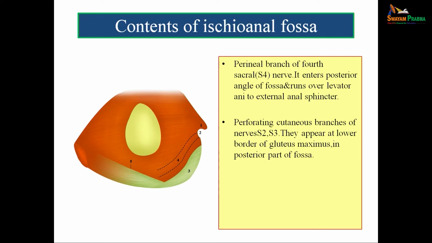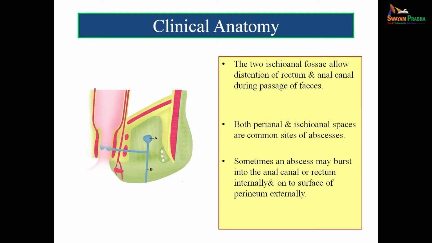Perineal branch of fourth sacral nerve, perforating cutaneous branches of nerves S2, S3, pudendal canal, the fat and the inferior rectal nerve. Now we come to the clinical aspects once again in relation to the ischioanal fossa. As I mentioned before, the two ischioanal fossae allow distension of rectum and anal canal during passage of fecal matter. Both perianal and ischioanal spaces are common sites of abscesses.